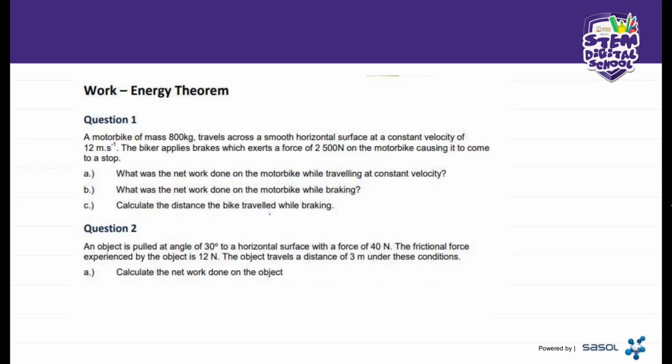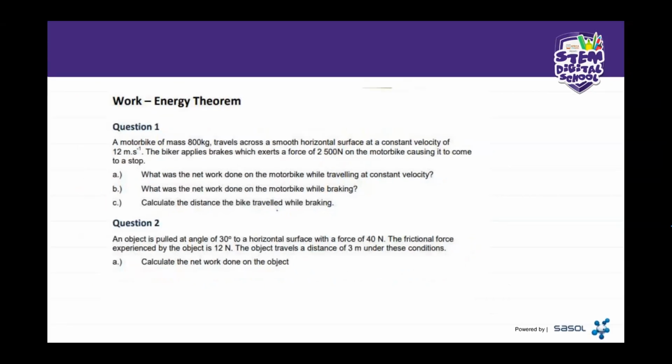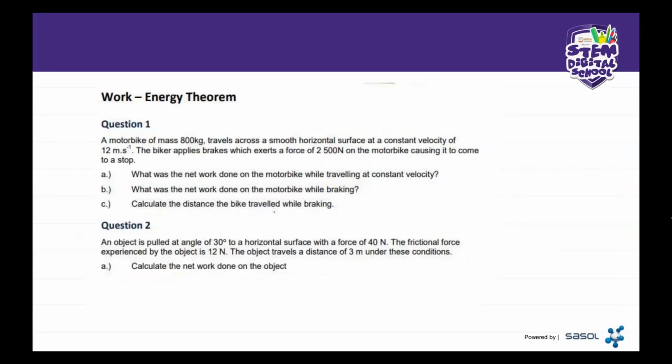it says that an object... it's a different kind of question now. It says an object is pulled at an angle of 30 degrees, okay, to a horizontal surface with a force of 40 Newton. Okay, so we're already having our given, right?